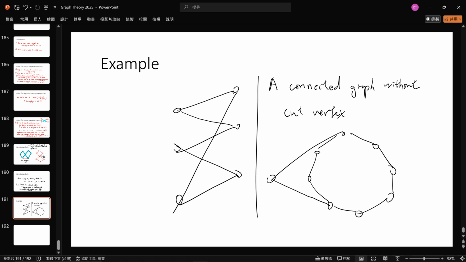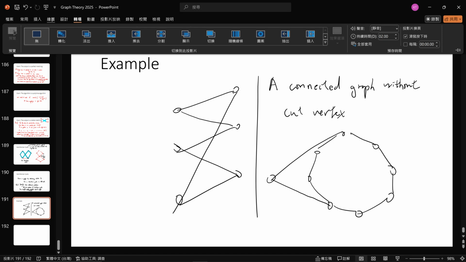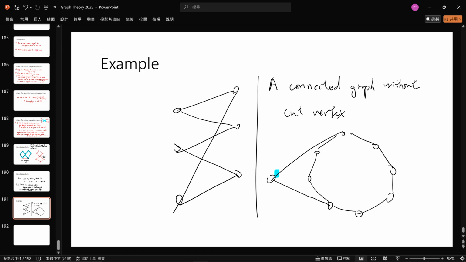But I think we can argue that this one has no Hamiltonian cycle. So how to show that? Well, I need a more precise argument. Let's assume that this one has a Hamiltonian cycle.